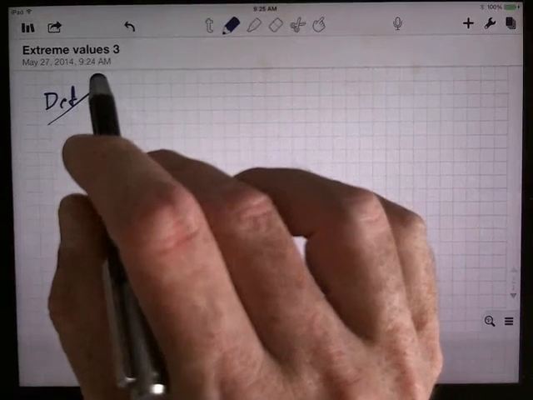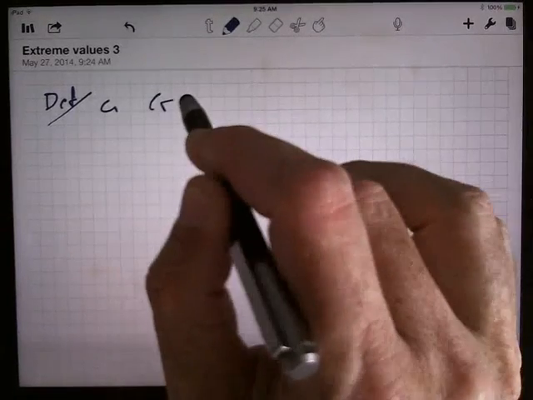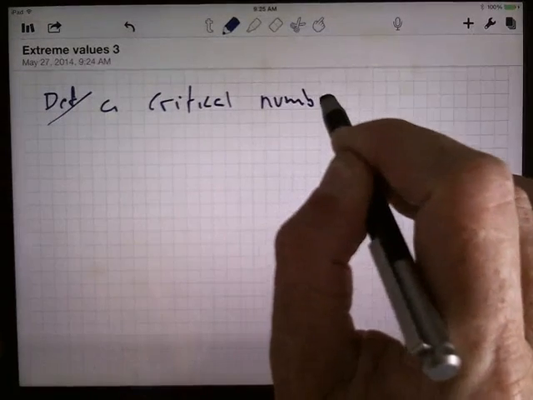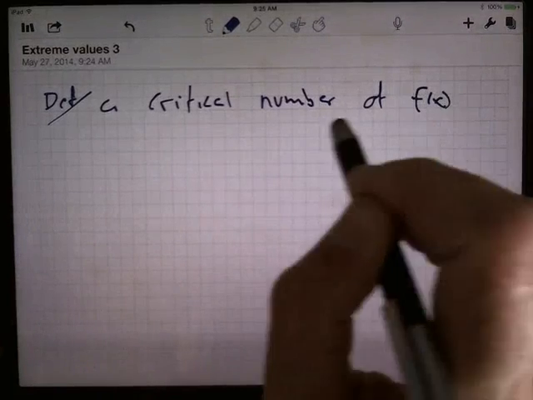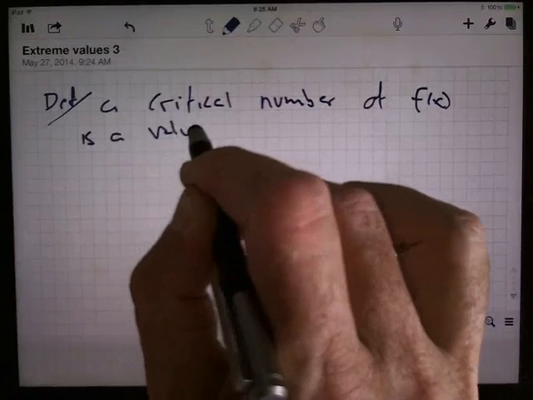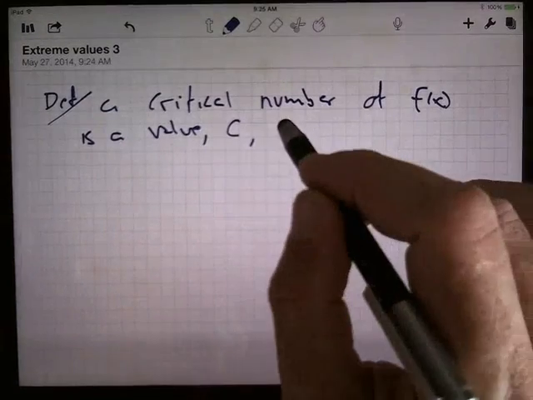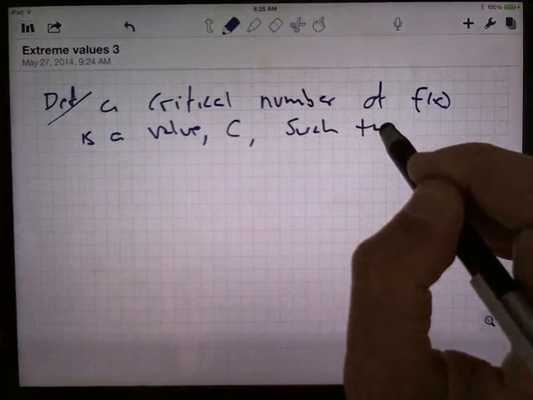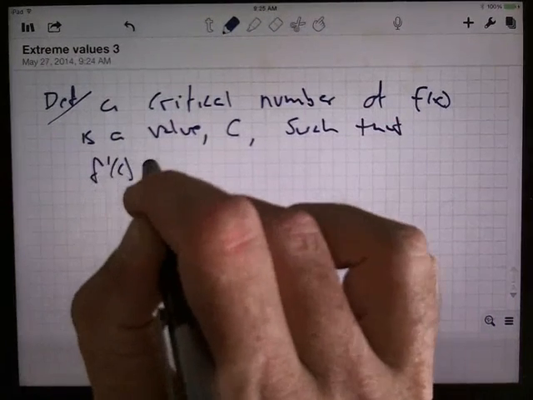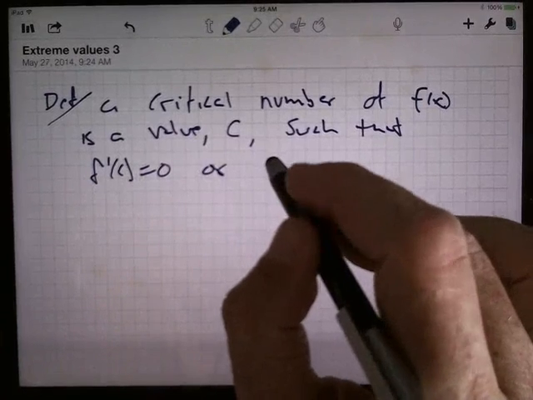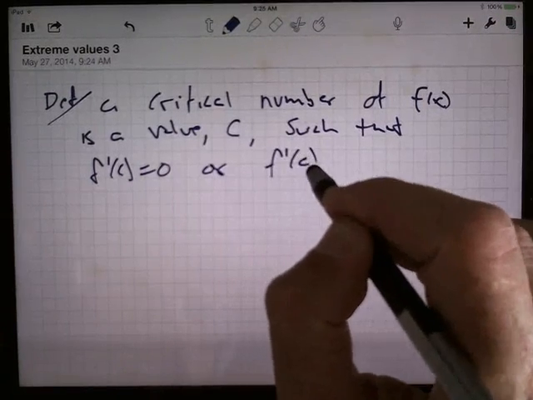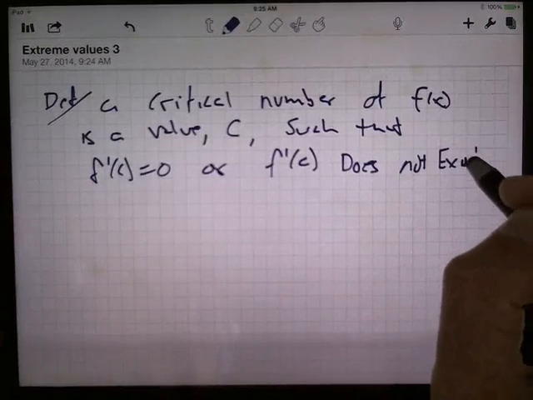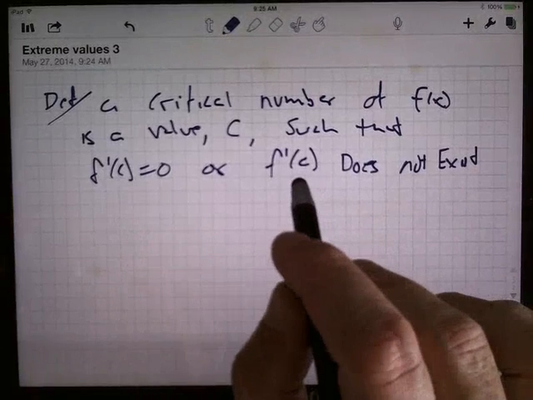A critical number of a function, a critical number of f of x is a value, let's call it c, such that f prime of c equals 0 or f prime of c does not exist. So it's a place where the derivative is 0 or where the derivative doesn't exist.